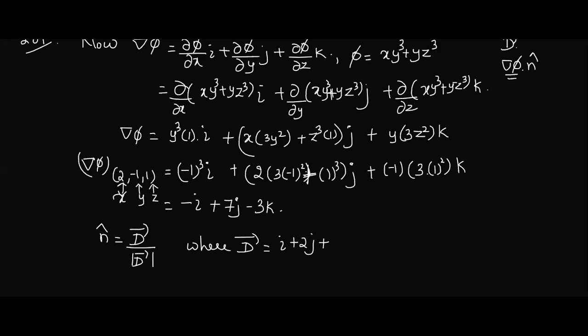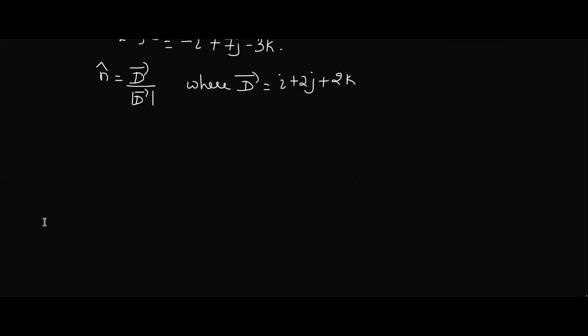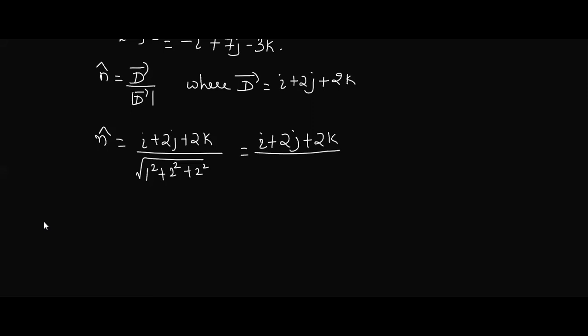So n cap is i plus 2j plus 2k divided by its magnitude. The magnitude is the square root of 1 square plus 2 square plus 2 square, which is 1 plus 4 plus 4, that is 9. Root 9 is 3. So n cap is (i plus 2j plus 2k) divided by 3.